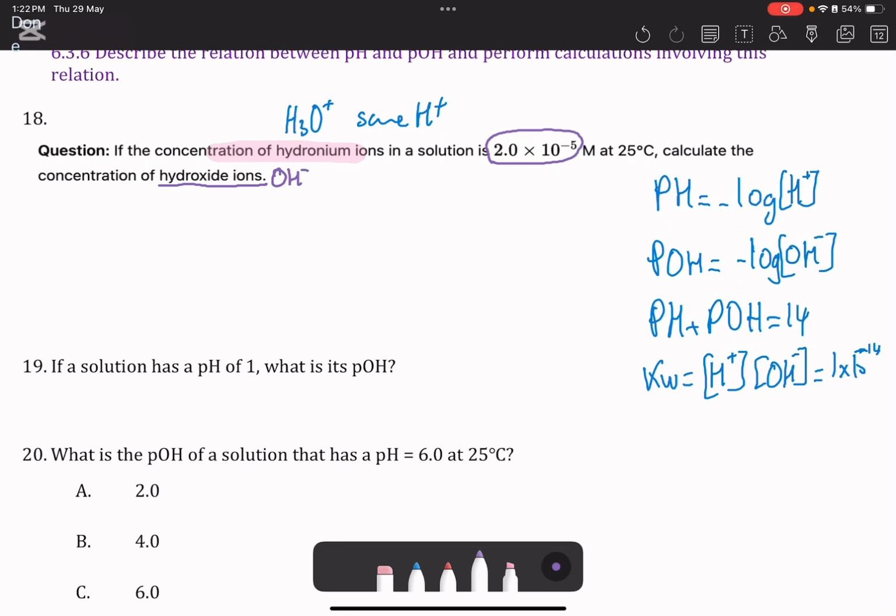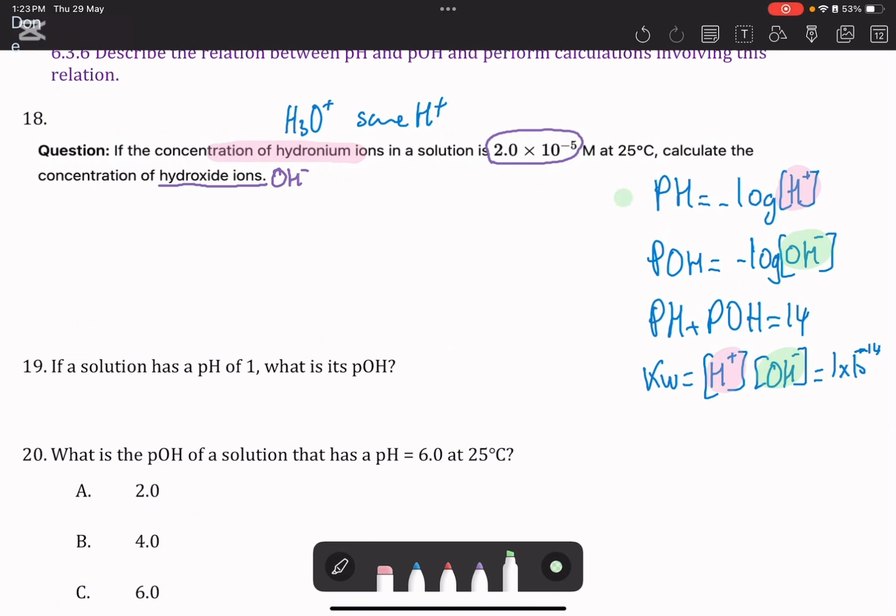Now follow this technique: whatever is given in the question, highlight it in the formulas that you have. So I have H plus here and there. Now what do they want? They want to find OH minus, which I find here and here.